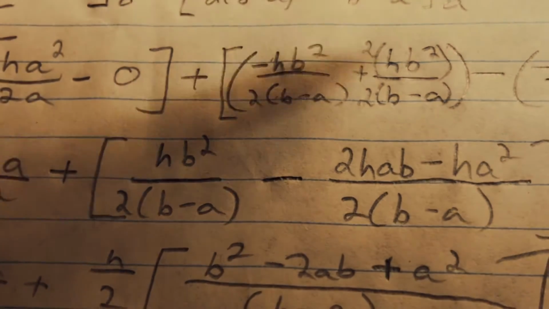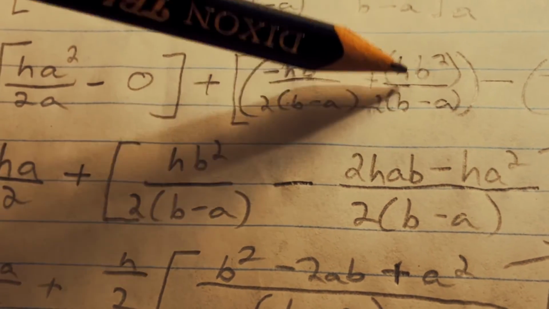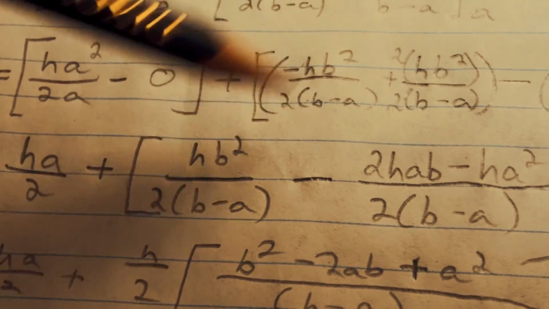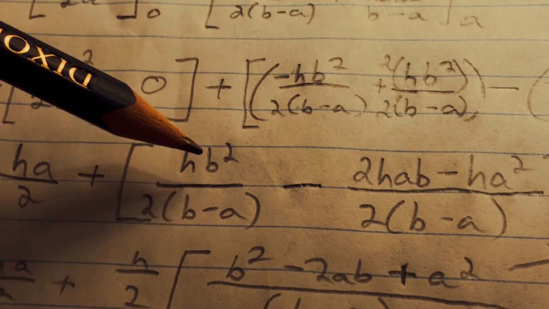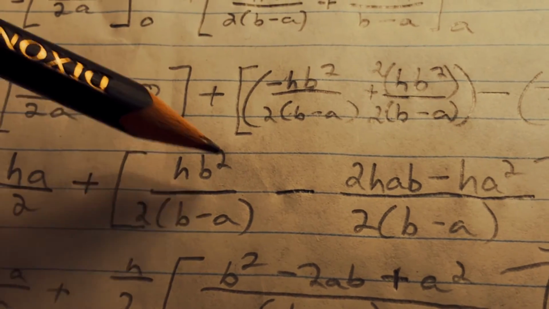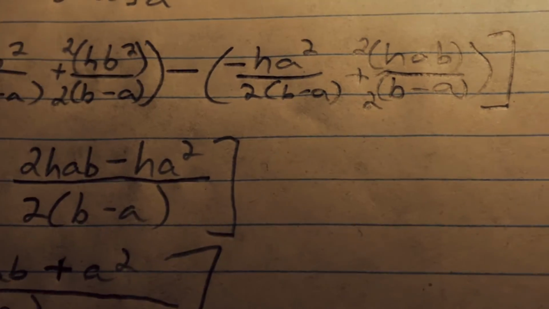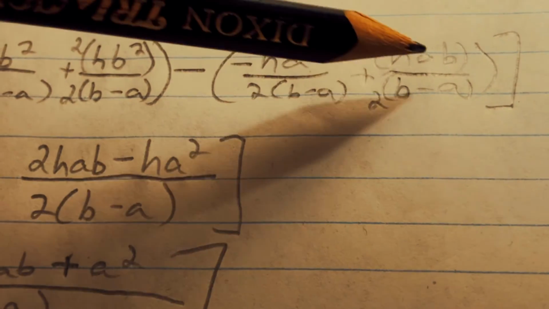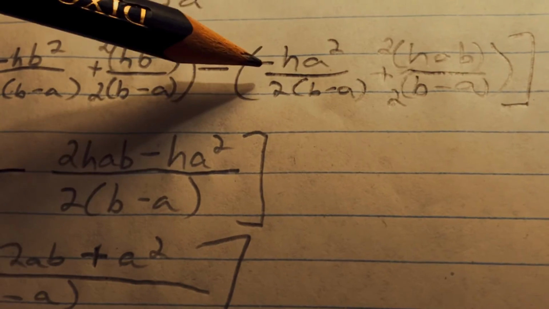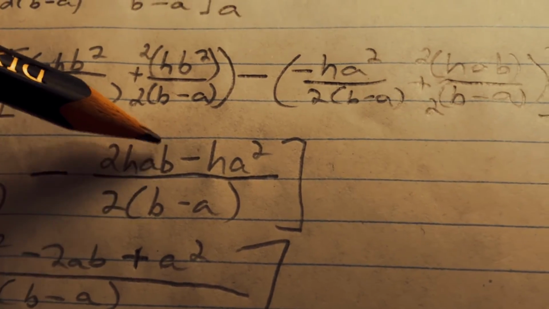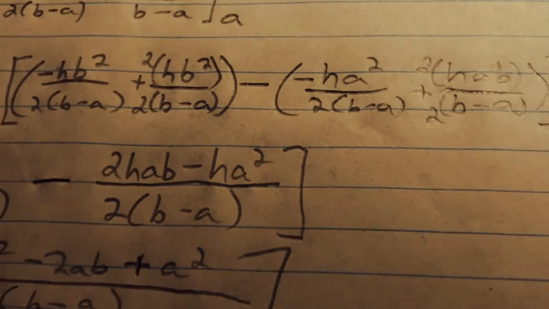In this term, 2HB squared minus HB squared leaves 1 HB squared. Here, 2HAB minus HA squared is written simplified.